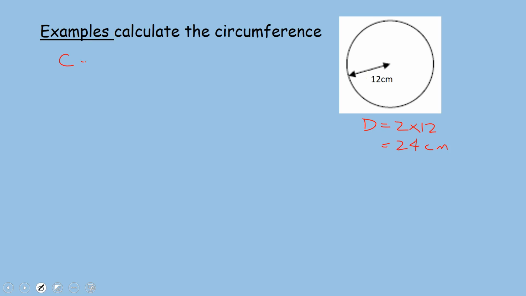So we're going to use again, C is equal to pi times d. Circumference is equal to pi times the diameter. So we're using 3.14 again, times 24. Okay, so we're going to treat this in the same way. We're going to partition our 314 into 300, 10, and 4. And we're going to multiply that by 24. We're going to partition into 20 and 4.